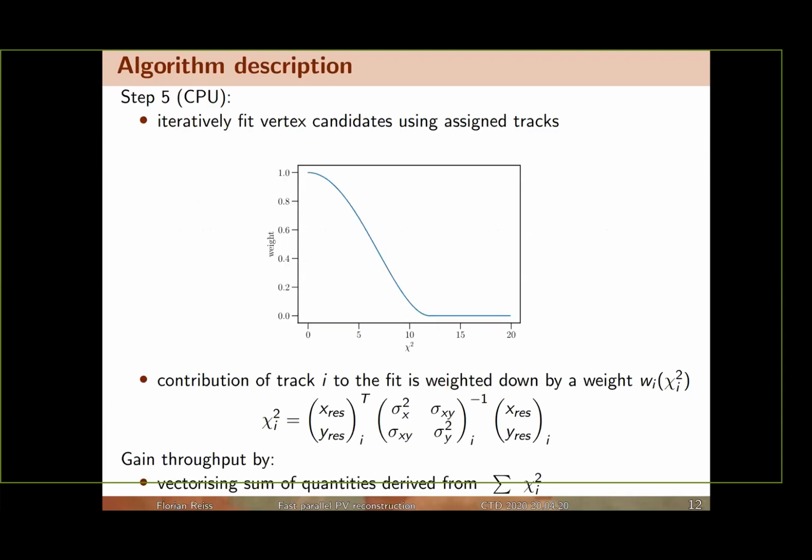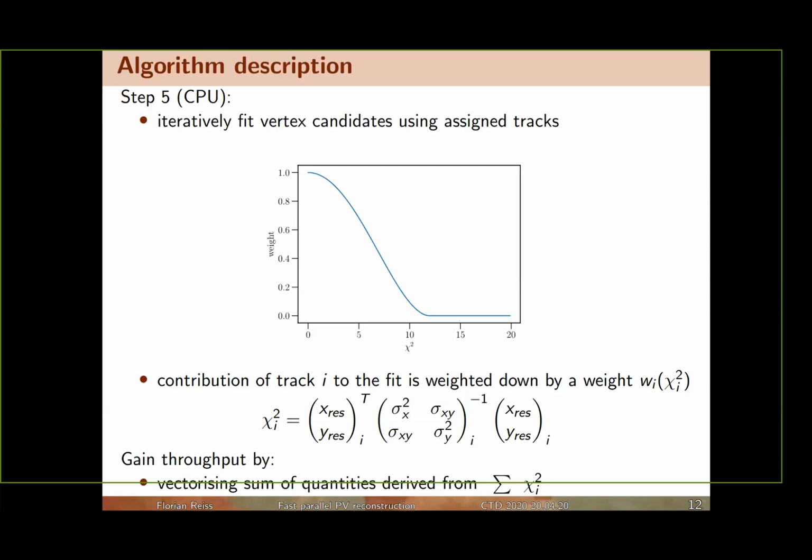And then finally, the last step, we do a fit of the vertex candidates using a typical adaptive fitting algorithm, where each track contributes to the fit with a weight which depends on the chi-square of the track with respect to the primary vertex candidate. The chi-square is a function of the residual in x and y of the track to the vertex candidate, as well as the track covariance matrix elements of x and y.